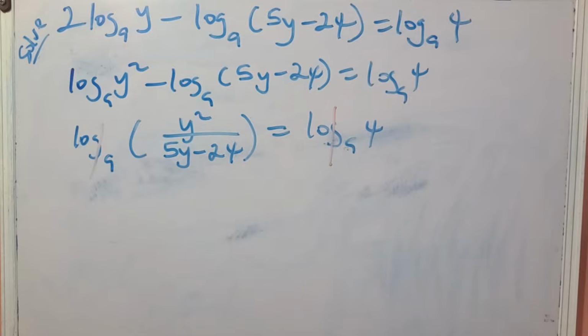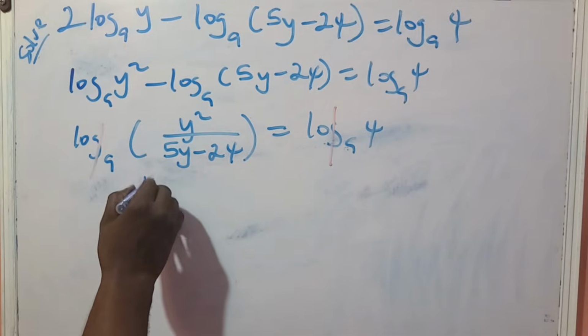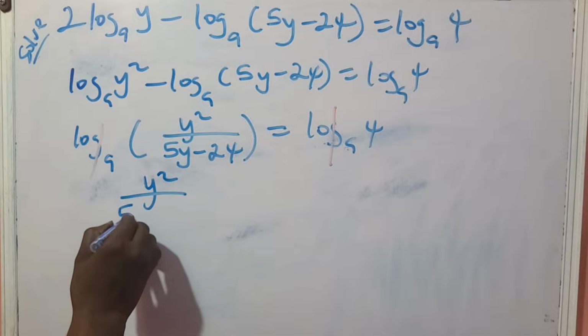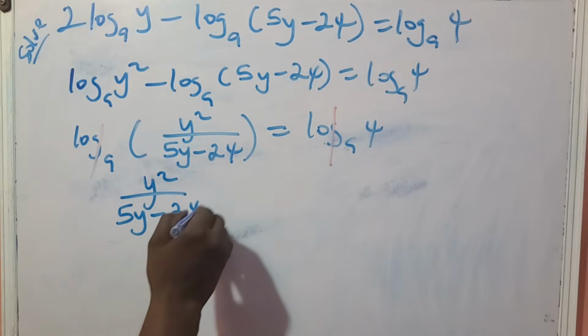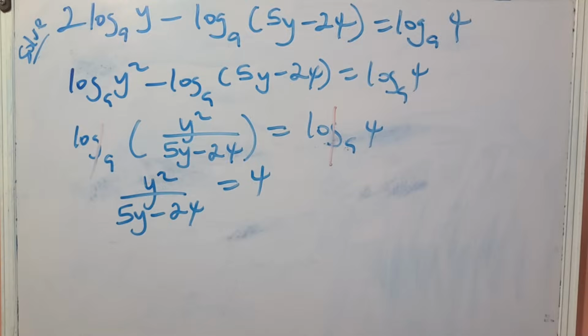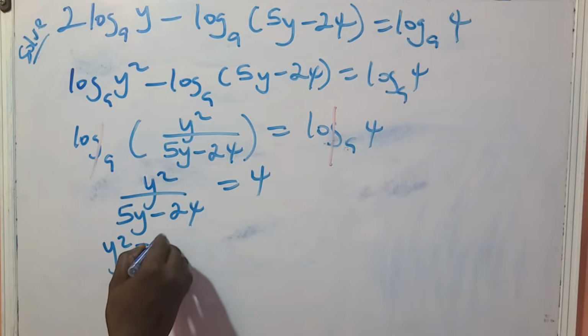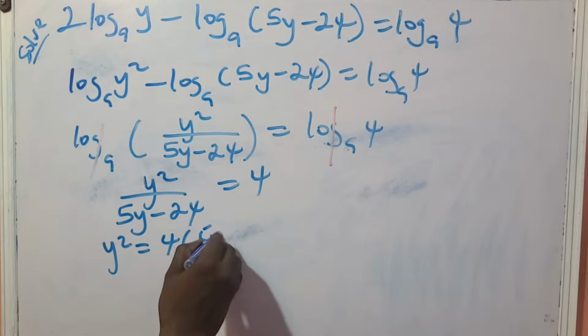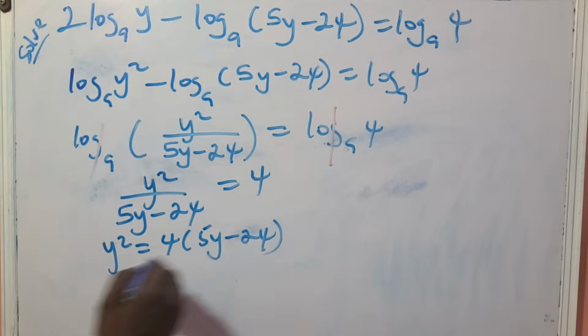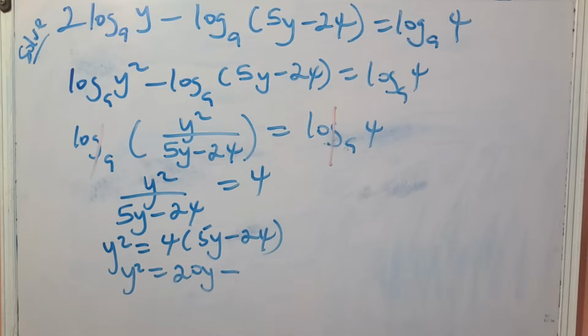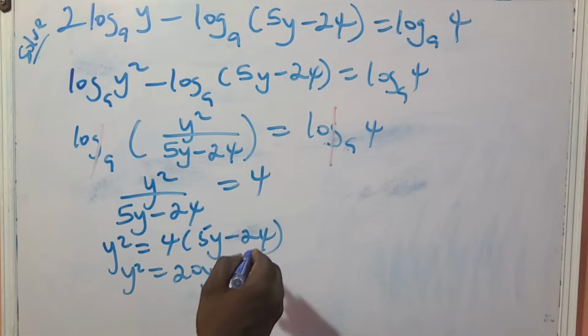So you'll be left with y squared over 5y minus 24 equals 4. This is a quadratic expression. You have y squared equals 4 times 5y minus 24, so y squared equals 20y minus, what is 24 times 4? That'll be 96.